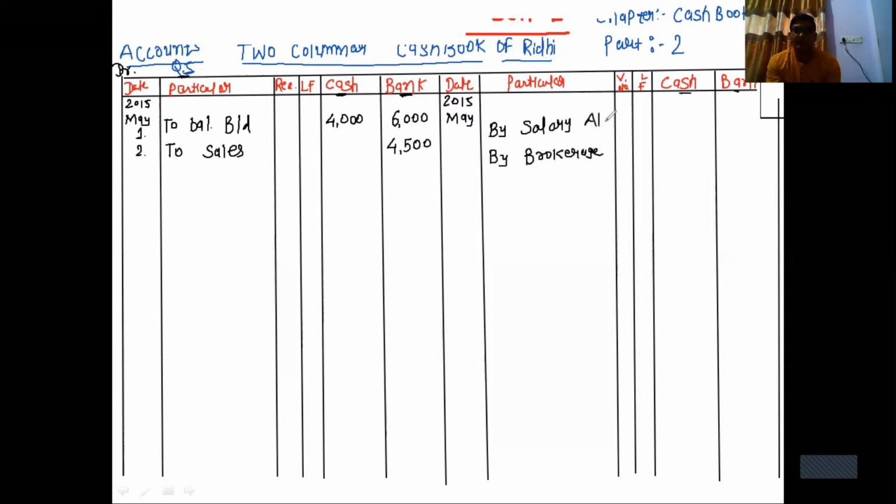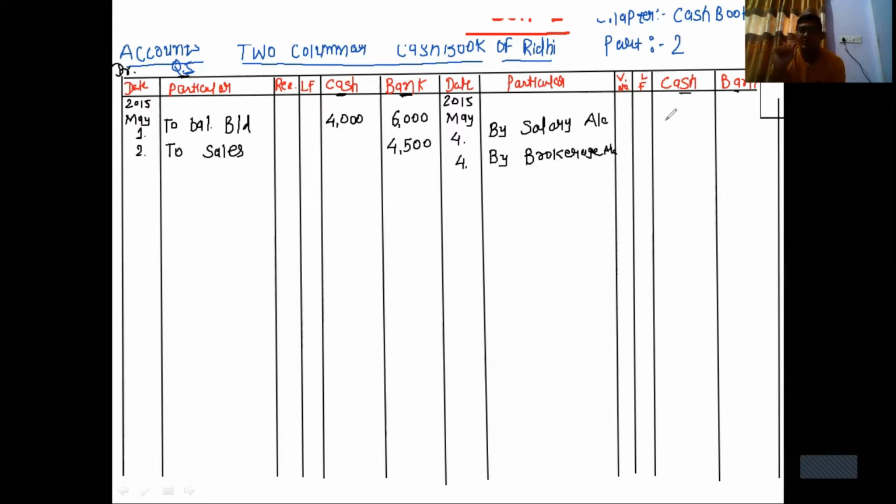By salary account, by brokerage account. Okay. Now here the date is 4, so we have to write date 4, and 2,000 for salary and 100 for brokerage by cash.